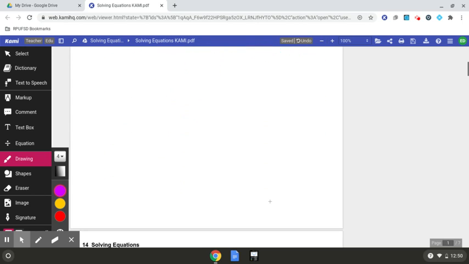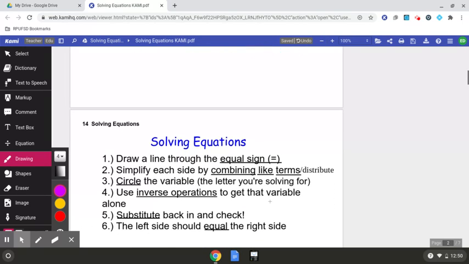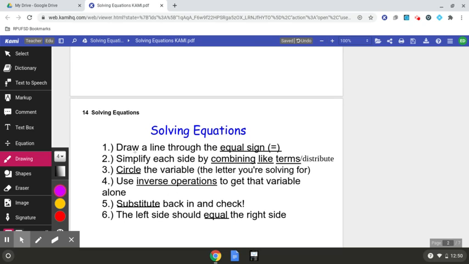Okay, so the next here just talks about some nice steps that we have come up with. So solving equations, step 1 is to draw a line through the equal sign. Step 2 says to simplify each side, and I added in the words distribute here because you can either combine like terms or you can distribute. Then circle that variable that you want to solve for. So if you're dealing with x, circle that x, right?